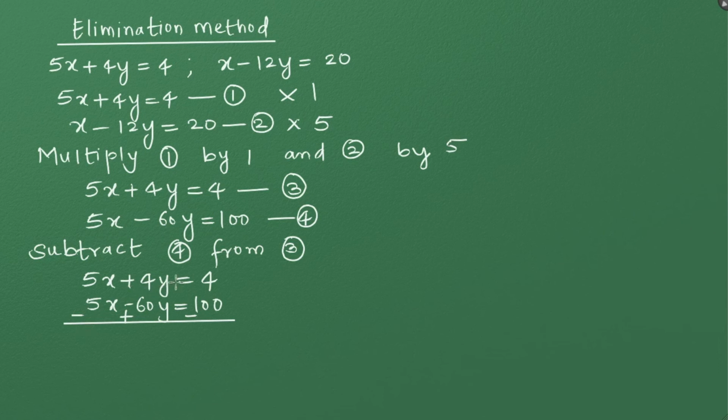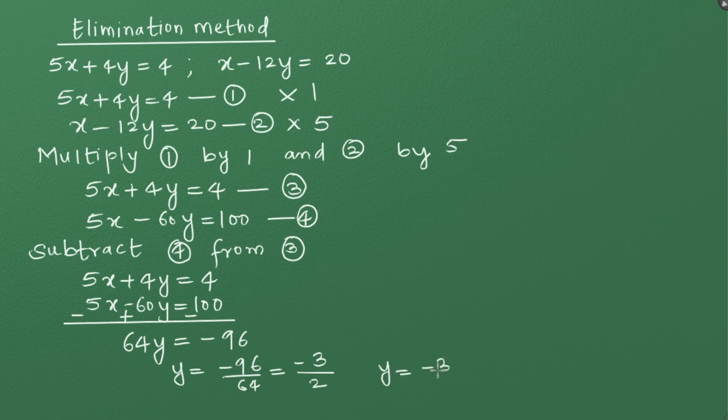Plus 4y plus 60y gives plus 64y. And 4 minus 100 gives minus 96. So the value of y is minus 96 over 64. This can be reduced. This is 32 3 times and this is 32 2 times. So the value of y obtained is minus 3 over 2.